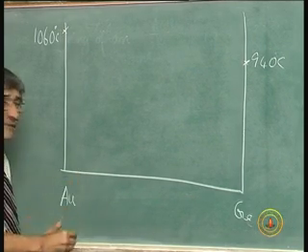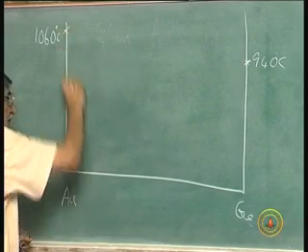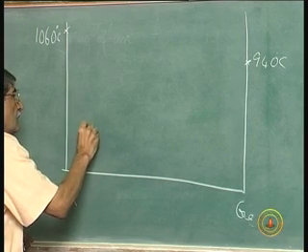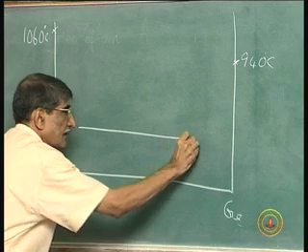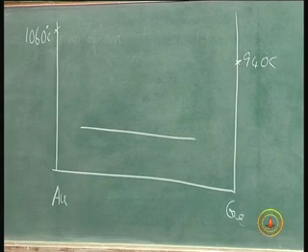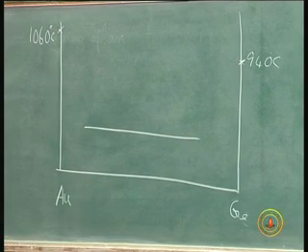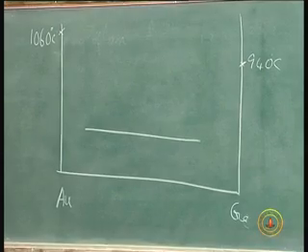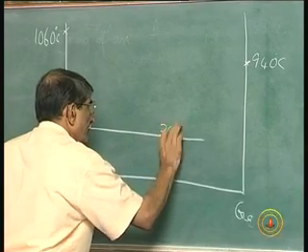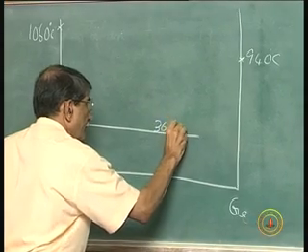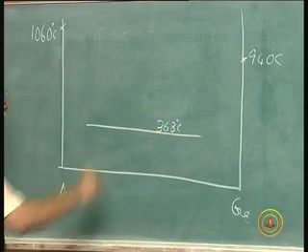Now when you mix them together, the phase diagram is something like this. You have a line here. Let me just see if I have those numbers here. I thought I had noted down some of those numbers. 363 degrees centigrade. Okay.